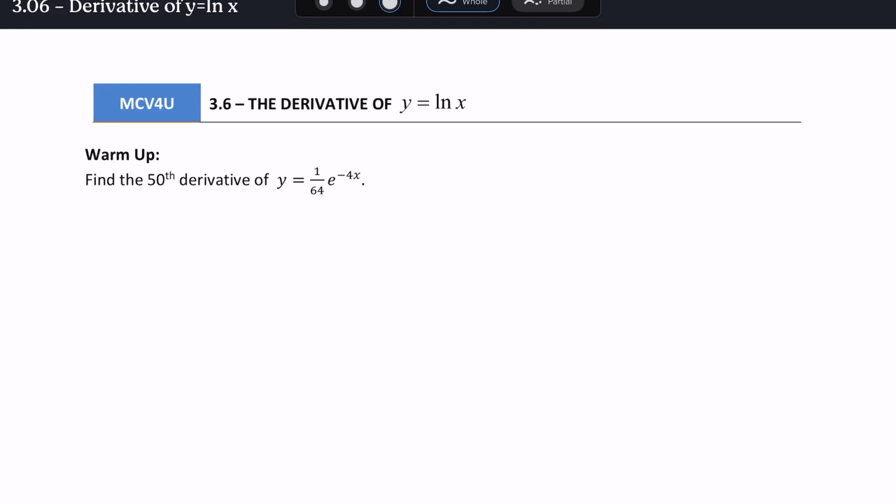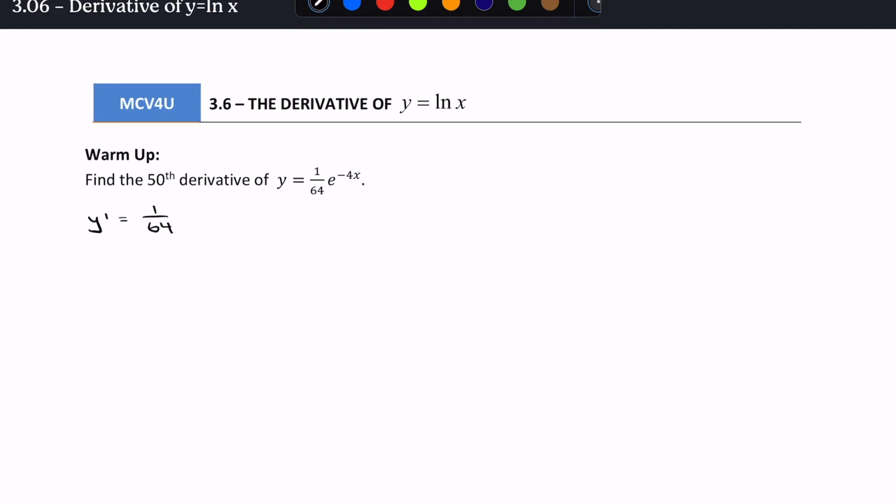In this warm-up, it tells us to find the 50th derivative of y is equal to 1 over 64 e to the power of negative 4x. If we look at our first derivative of this function, y prime is equal to 1 over 64.